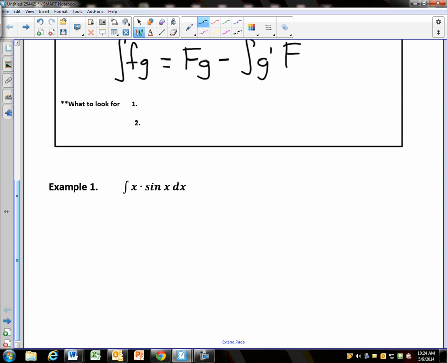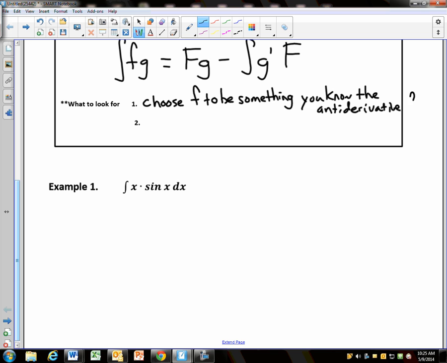There are some ways to look at this, but two things to look for. Choose F to be something you know the antiderivative for.